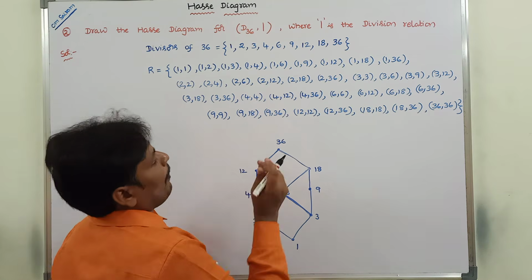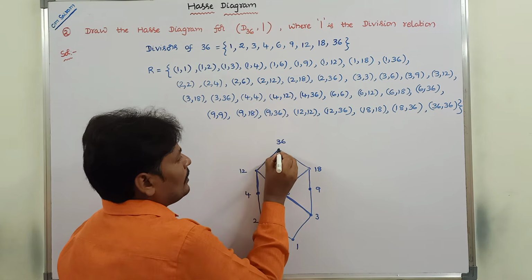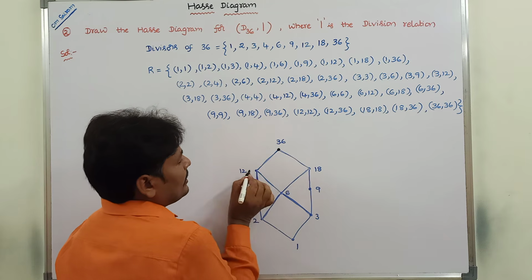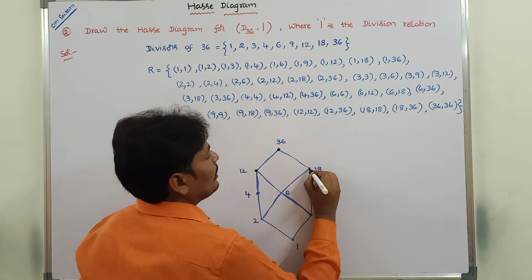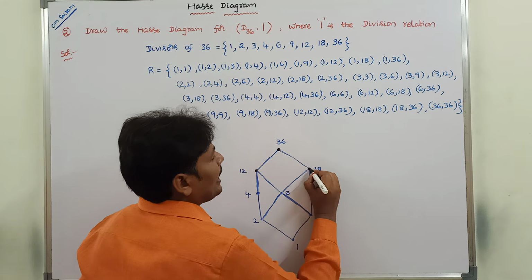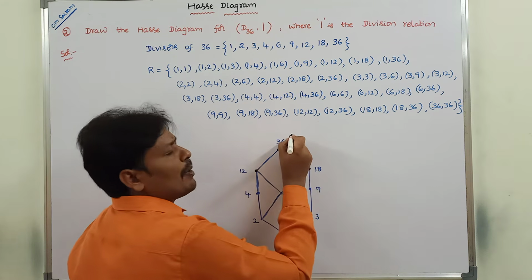The maximum element is 36 here, and the minimum element is 1. In the Hasse diagram, whatever element is greater than all the elements is called the maximum element.